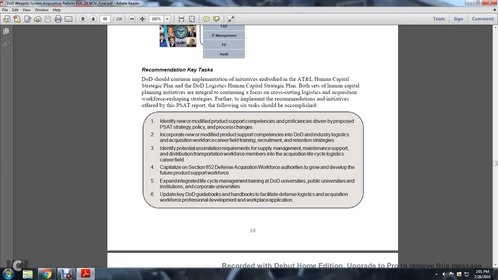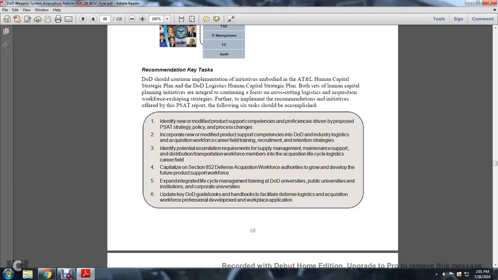Define new or modified product support competency proficiencies driven by the proposed product support assessment team strategy and policy process changes. Incorporate new or modified product support competencies into the Department of Defense logistics and acquisition workforce career field requirements and retention strategies. Identify the potential assimilation requirements for the supply, maintenance, support, and distribution and transportation workforce into the acquisition life cycle logistics career field.